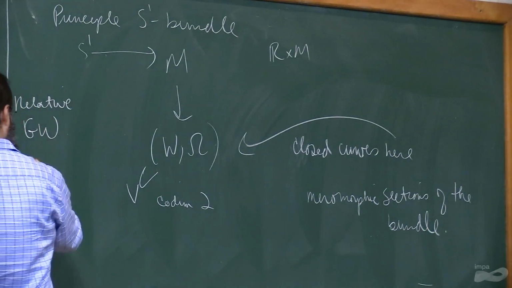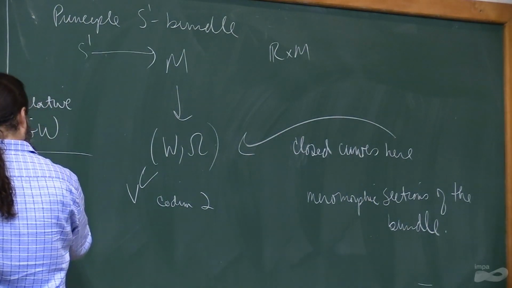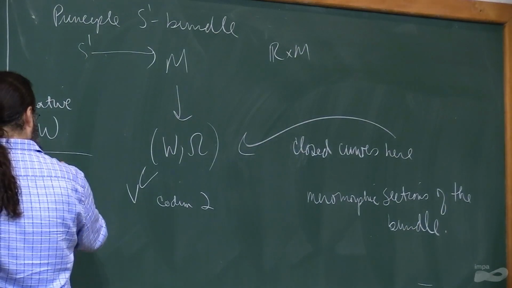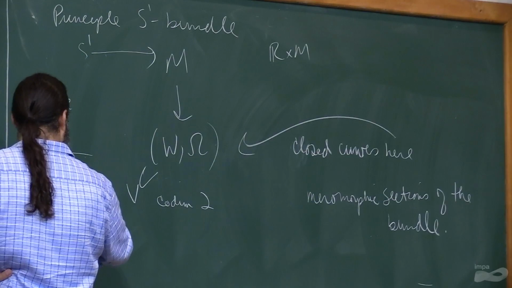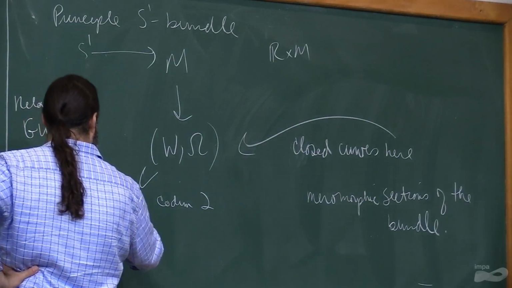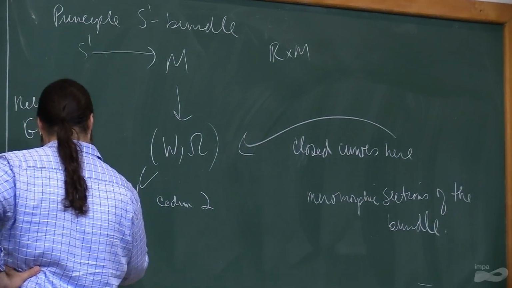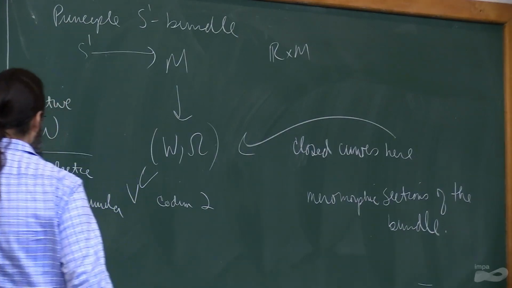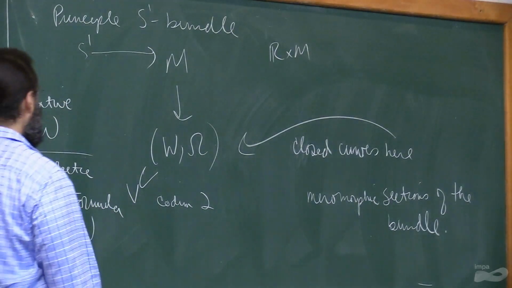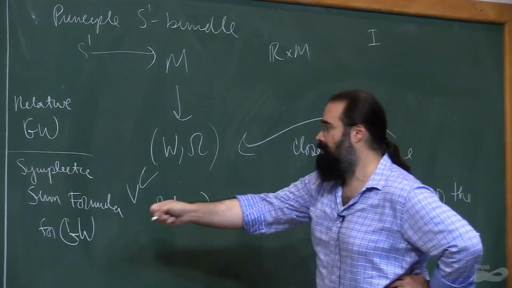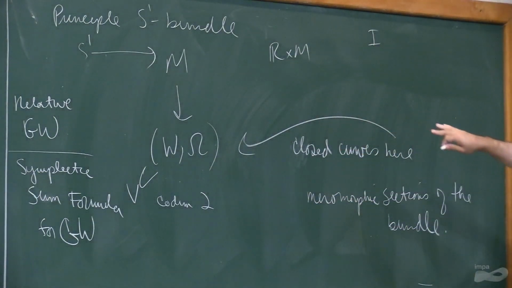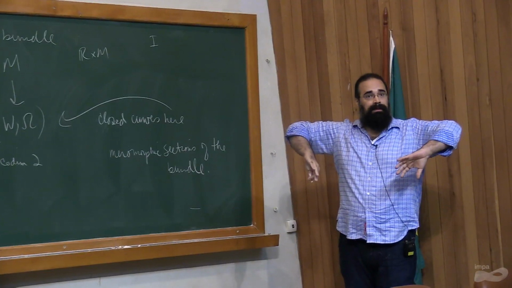And then given this, there's a symplectic sum formula for Gromov-Witten. Okay, so these things are due to, well, I should say first the symplectic sum formula is when I've got two different symplectic submanifolds.